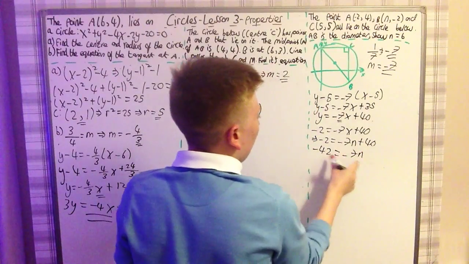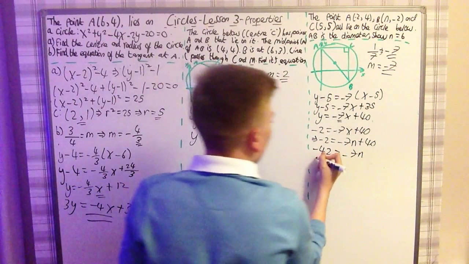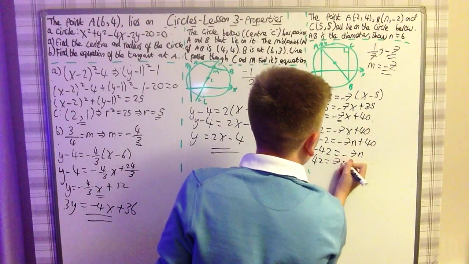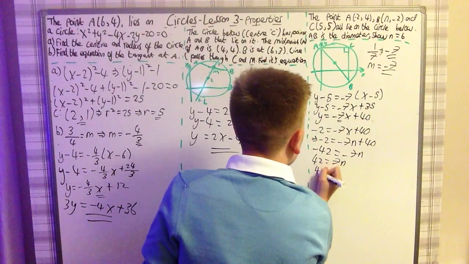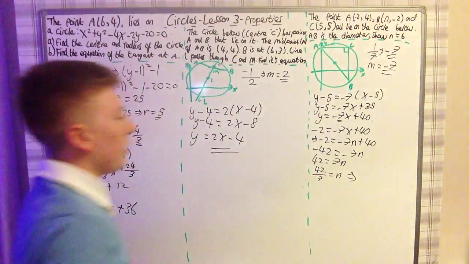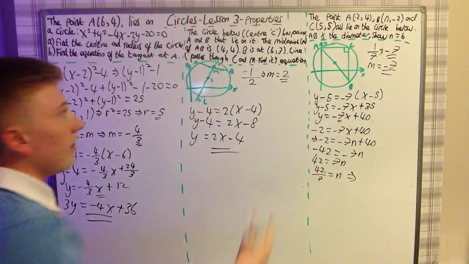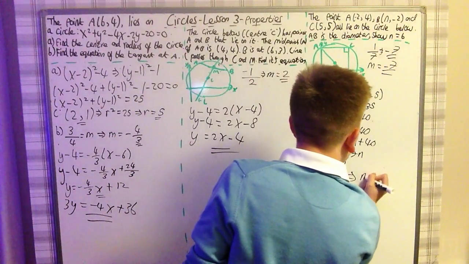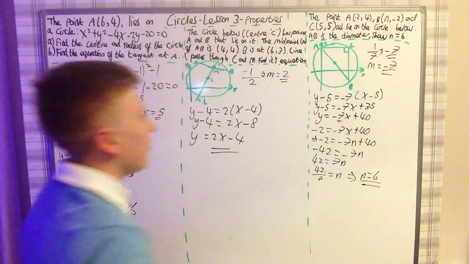We swap the signs for both, we can do that because we have two negatives, so we get 42 equals 7n. So 42 divided by 7 equals n. 42 divided by 7, well that's 6. So n equals 6. We've now proved it, okay?